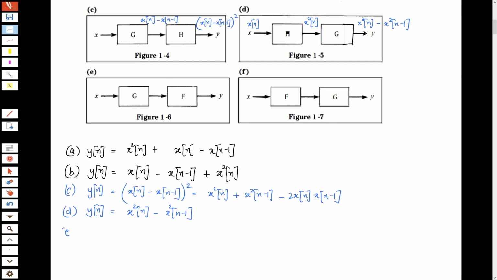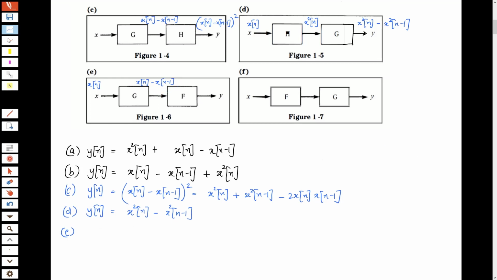Okay, moving to part E, we notice that G and F are connected in cascade. What does system G do? Taking input as x[n], it computes x[n] minus x[n minus 1] as its output. Now when this is fed as an input to system F, what does the system F do?